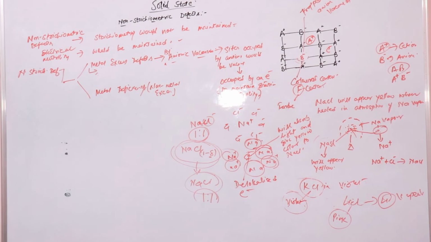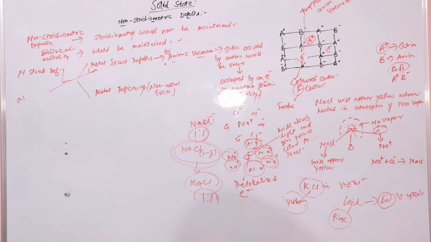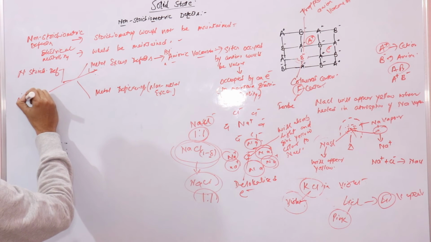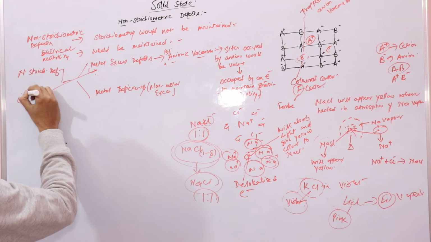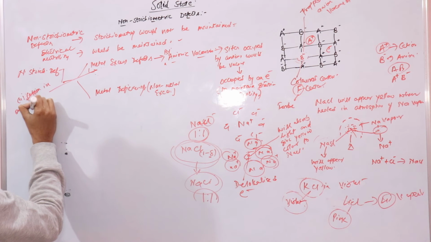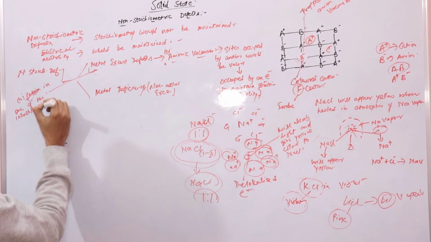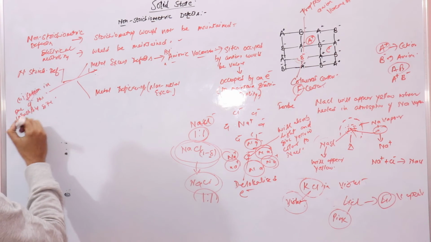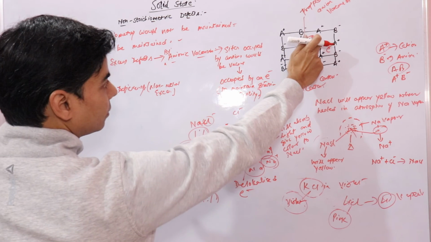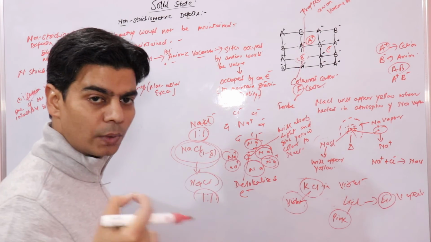right? Now since an interstitial site is occupied, this is similar to Frenkel defect. This is another, second type of defect, and due to this defect you have a cation in one of the interstitial sites, and to maintain the electrical neutrality you need one negative ion.